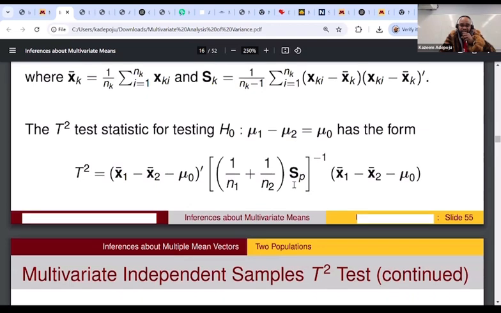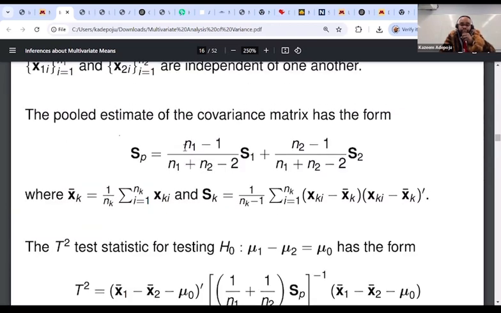You can see the Sp is a pooled one. The idea of pooling the sample covariances, we got that idea from the equality of the covariances, and there's a way we can test. So on Friday, I'm going to start from how we test whether the covariance structures of the two groups are the same or not.